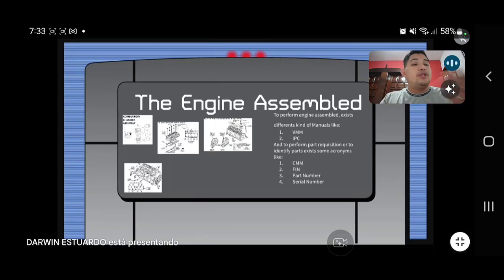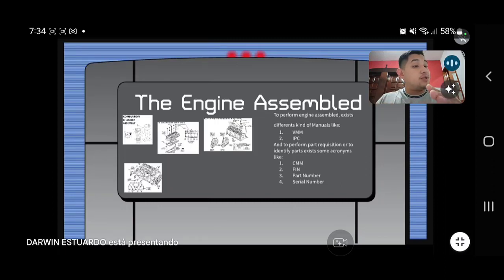With this information, we find the piece or part specific for our car, and that is really important when you assemble the engine, because the EPC manual specifies the piece, the part, or the tooling that you need to use to perform a good maintenance.